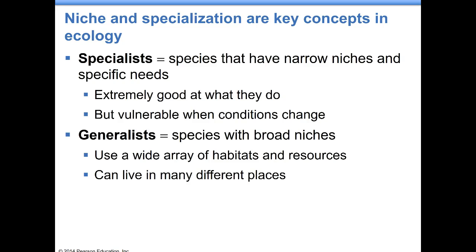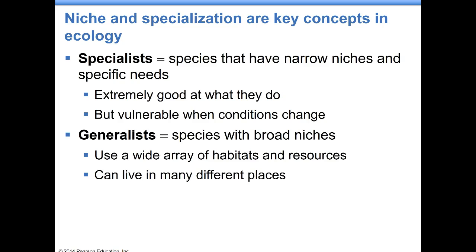Generalists are species with very broad niches. They carry out very broad roles, they can fit into a wide array of habitats, and they can utilize a lot of resources. Because of that, they can live in many different places without any problems at all.